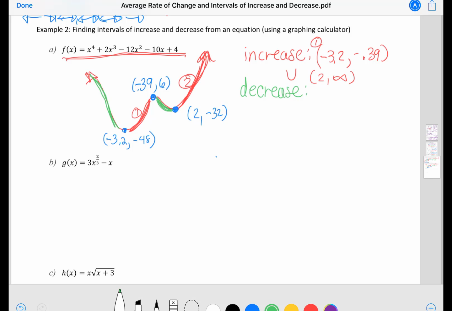Now for my intervals of decrease, we'll call this 3 and 4. For my third interval, that's going to go from -infinity up to -3.2, union, and then my fourth interval is going to go from -0.39 up to 2.